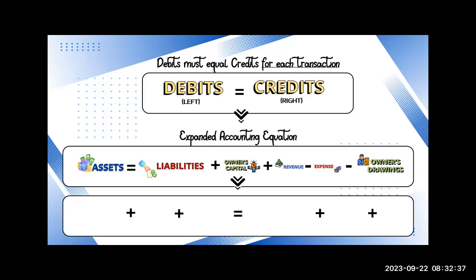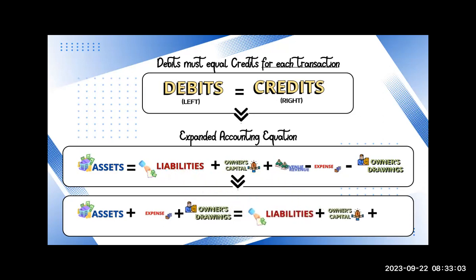So using math, let's just put them to the left. So basically, let's eliminate them. So plus expense, plus owner's drawings. So now, let's just rearrange the expanded accounting equation to assets plus expense plus owner's drawings is equal to liabilities plus owner's capital plus revenue.